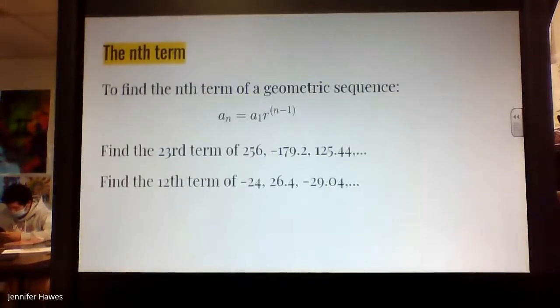You can leave a little space, kind of like we did yesterday. And your ratio, whatever that common ratio is, it can be negative, it can be positive.